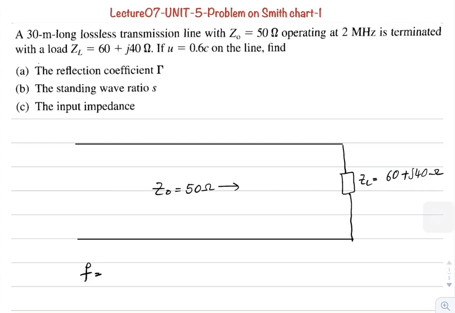Operating frequency equal to 2 times 10 power 6 hertz. And the velocity of wave u equal to 0.6 times c, c is 3 times 10 power 8 meters per second. So he asked three parameters: reflection coefficient, standing wave ratio and input impedance. And he gave a lossless transmission line.